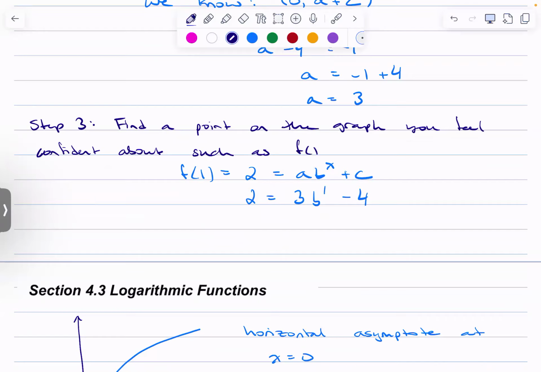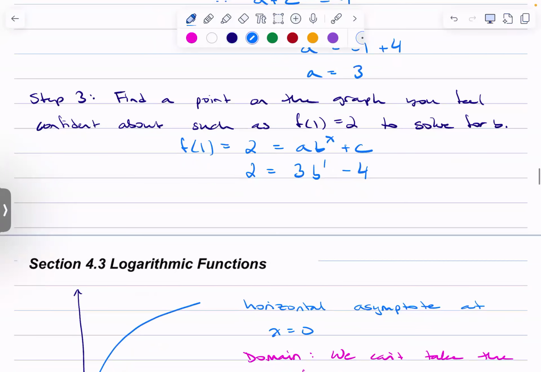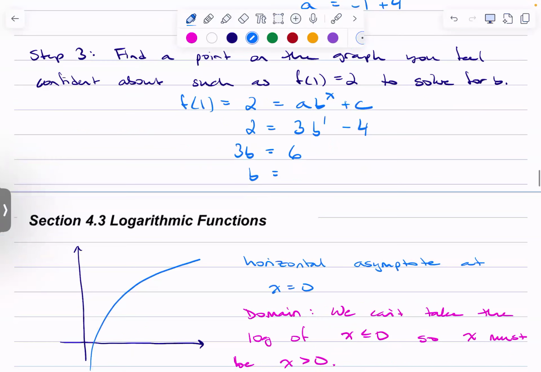Maybe I will keep this here. f of 1 is equal to 2, and I'll solve for b. Well, because now I have 2 must be equal to 3 times b minus 4. So now I can solve for b, and I get 3b is 2 plus 4, which is 6, so b must be 2.